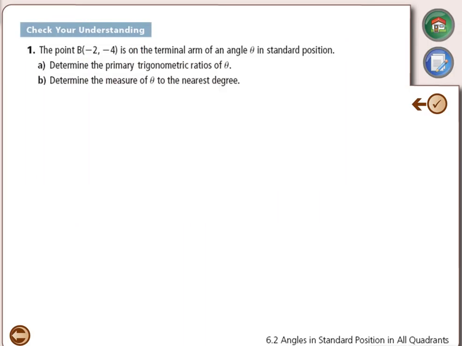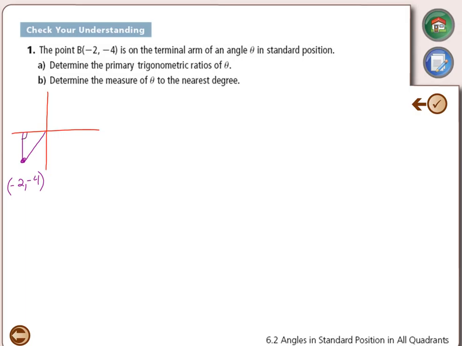All right, let's do one. Point -2, -4. First step, draw it. Always find out where is -2, -4. Plot it, connect your dot, and I'll always recommend make a triangle. You don't need to make the triangle, but I'm going to recommend you make the triangle there.